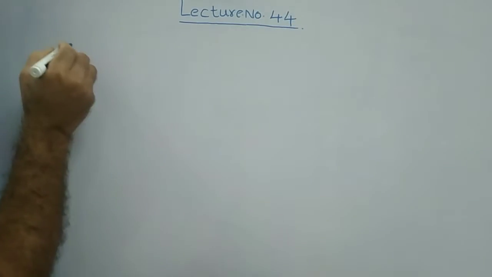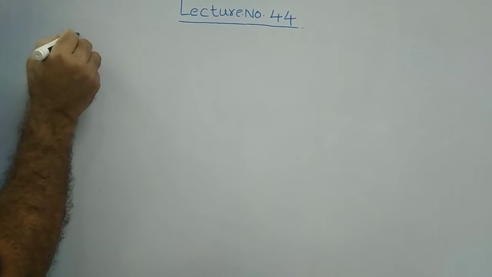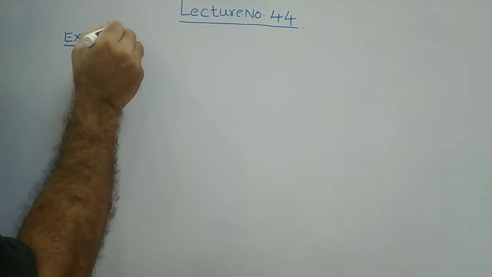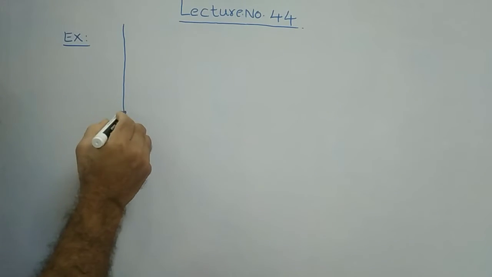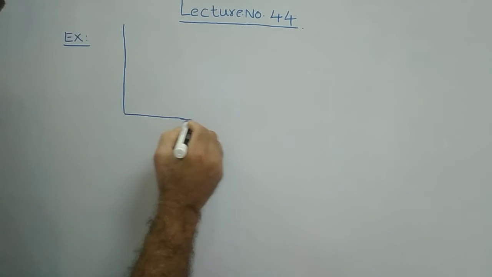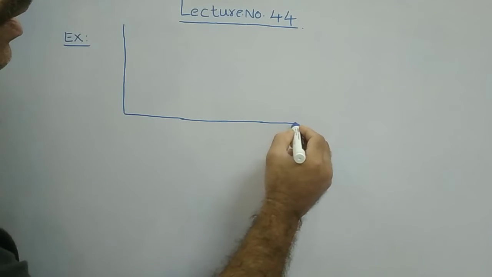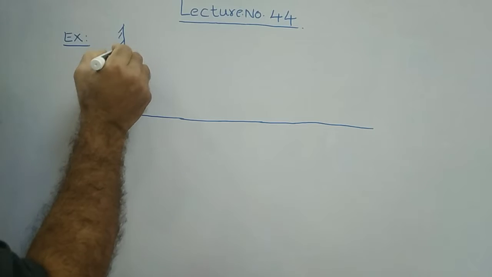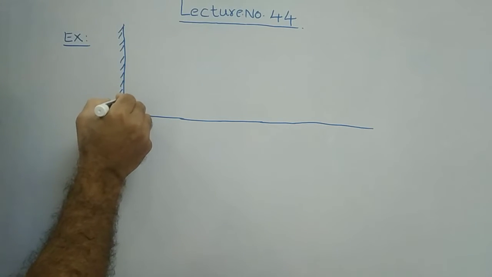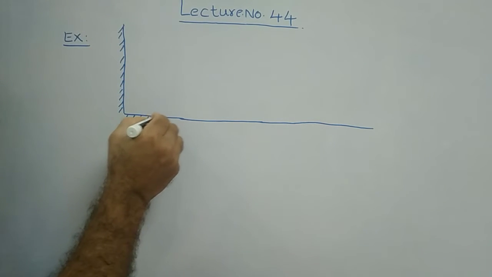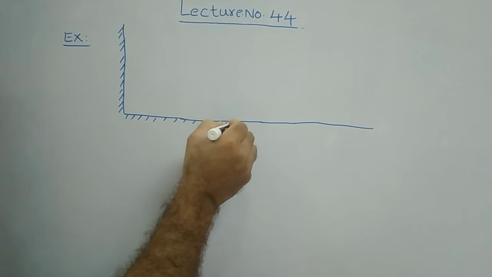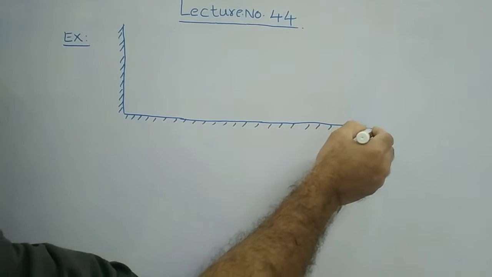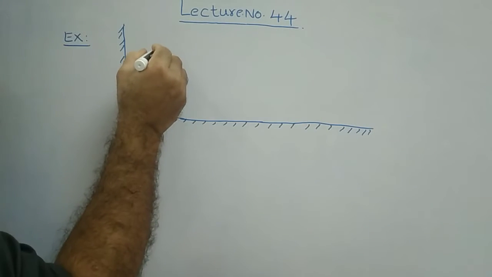We'll see one example directly, a very important example. It is a mechanical translational system, and this is the reference line. Normally in this particular example you have two blocks.